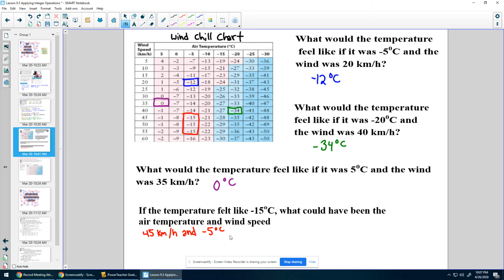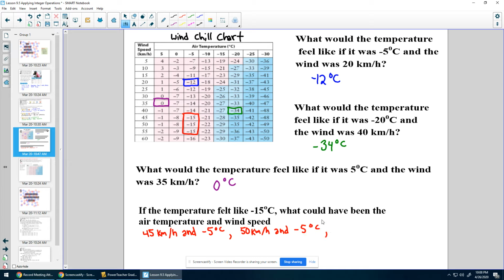That's 1. Then we would also have a 50 kilometer per hour and 50 and -5 degrees Celsius.